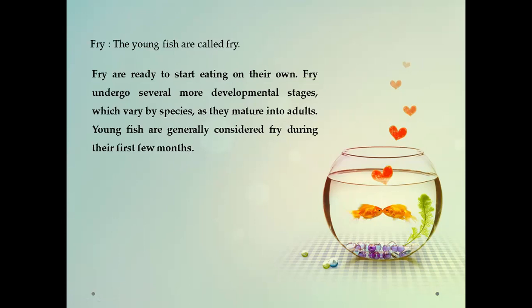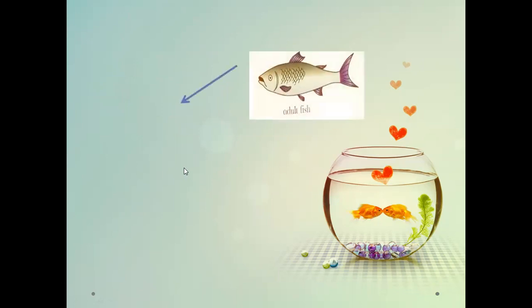Then what do we call that stage? Let's check out: adult. When the fish are able to reproduce, they are considered adults. After a few months, they are able to reproduce and continue their life cycle. So at this stage, we call it an adult fish. Here is a short life cycle of fish.